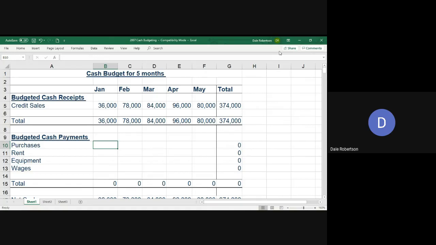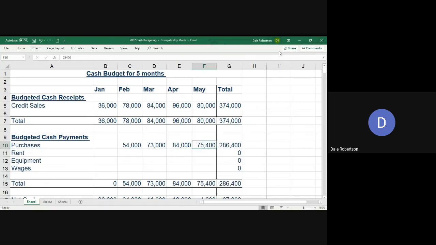So therefore, when we buy in January 54,000, we pay for that in February. And if we buy in February 73, we pay for that in March. And if we buy in March 84, we pay for that in April. And if we buy in April 75,400, we pay for that in May.